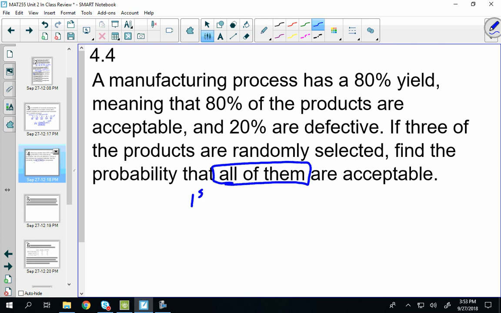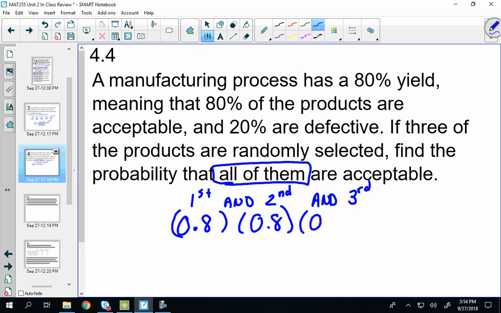So that's like saying the first one's acceptable, and the second one's acceptable, and the third one's acceptable. That and is telling us to multiply. The probability that one of them is acceptable is 80%, or 0.8. So I'm going to do 0.8 times 0.8 times 0.8. That gives me 0.512 as my probability.